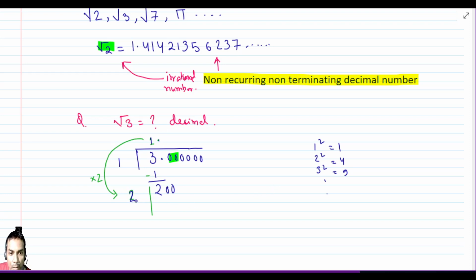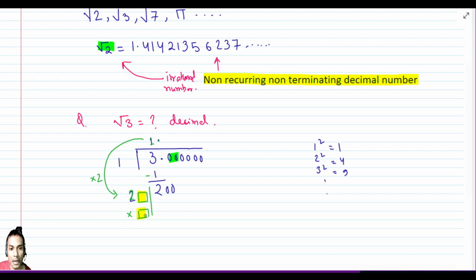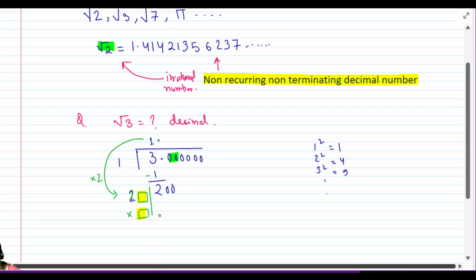So you have to find such a number that you multiply with that number. For example, consider a box here and the same box here, and whatever value you get after multiplication, you put here.